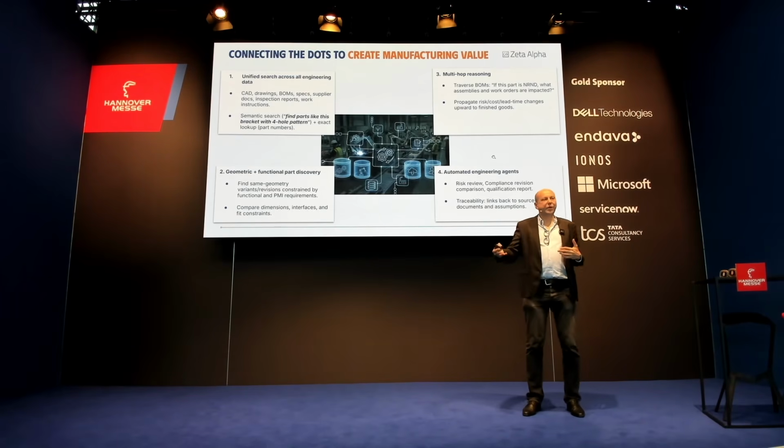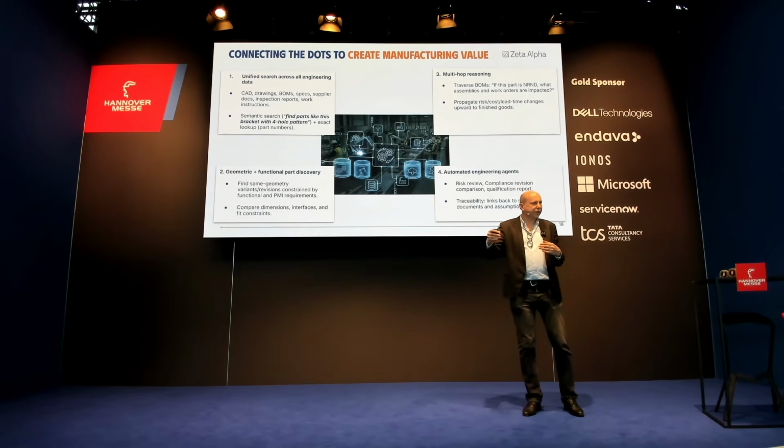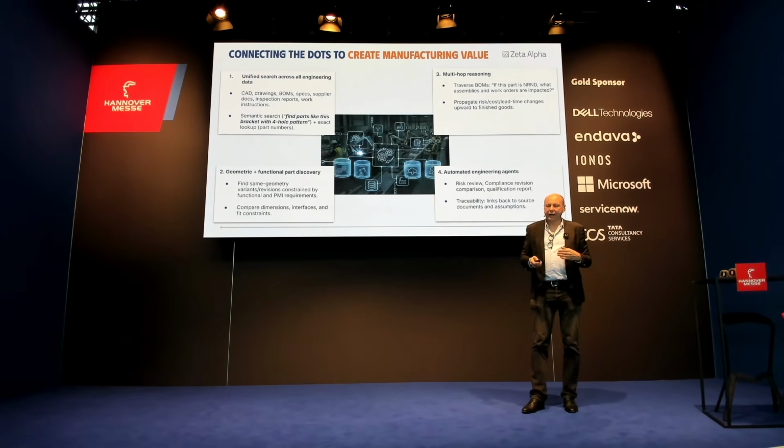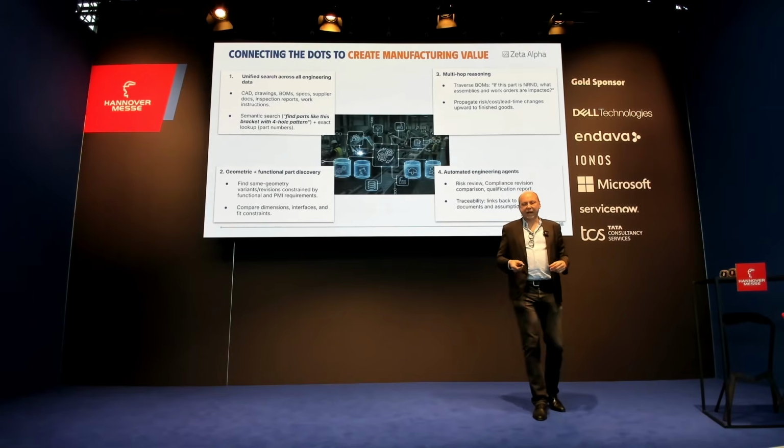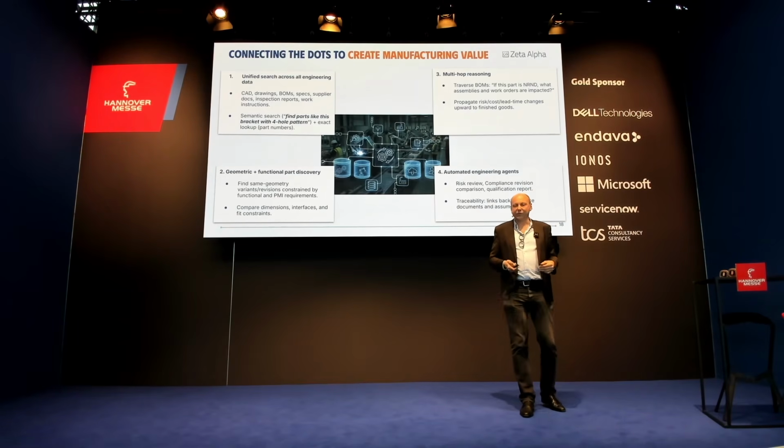Do multi-hop reasoning, traverse, for example, the assembly tree and reason about availability or price of certain subcomponents. And then eventually you want to build these automated engineering agents that can do very valuable long-term tasks like risk review or compliance review or simply part replacement.